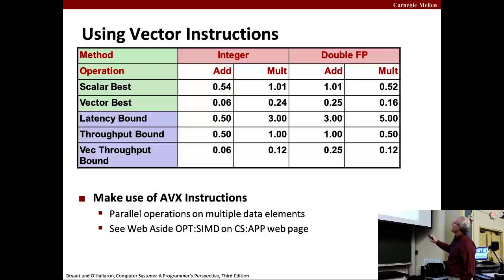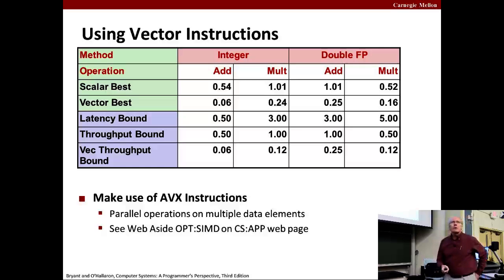So this 0.06 is really 0.0625, right? It's doing 16 operations per clock cycle on that. Can't quite hit the vector throughput bound, but in general, making this thing run much faster.